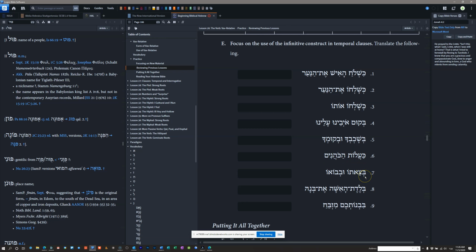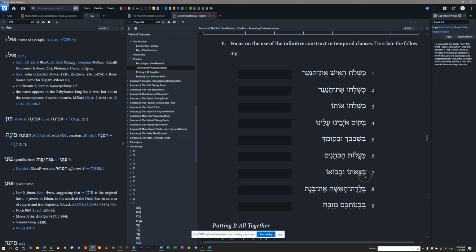All right, focus on temporal clauses. Okay. So here we've got, again, you don't usually have to translate this, but first here it's a good idea, just so I know you know what you're looking at. So Vayehi would be, and it happened that, or, and it was when the man wrote the book.